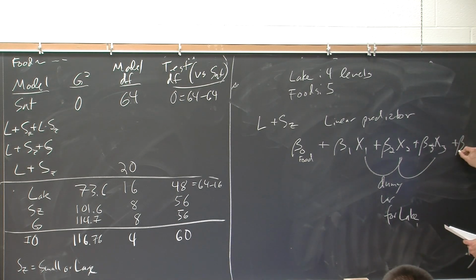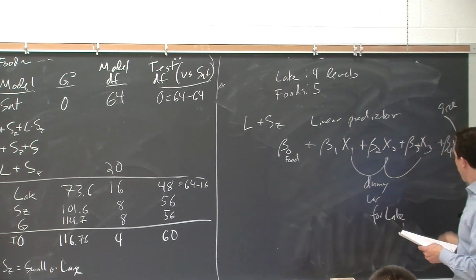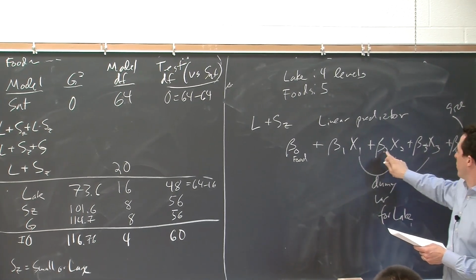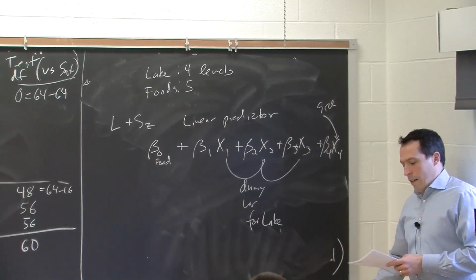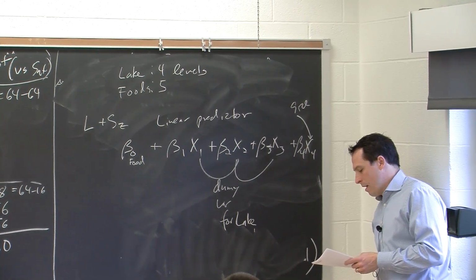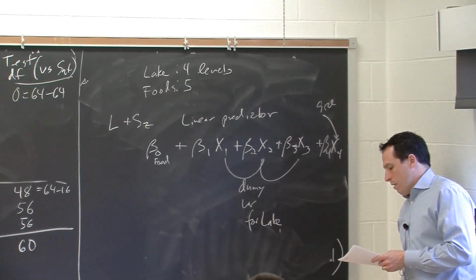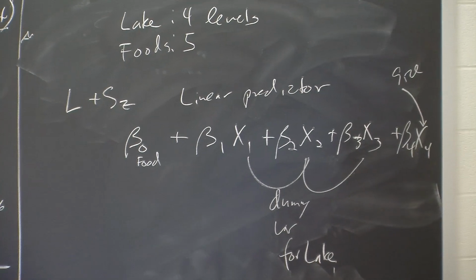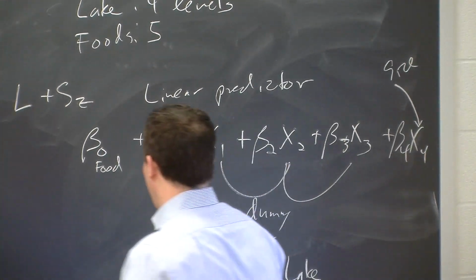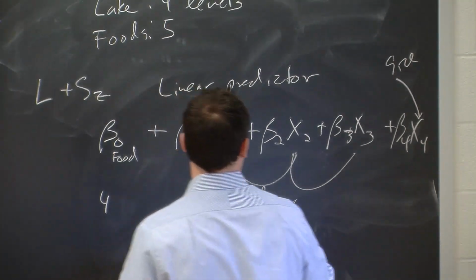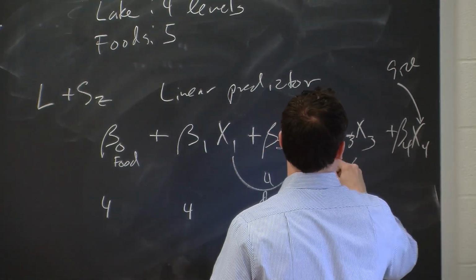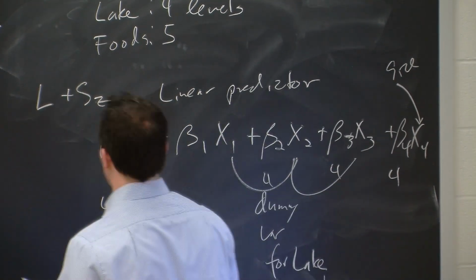And then I have one more for size. So 1, 2, 3, 4, 5. And then I multiply that by 4, yeah. So in other words, I have 4 here, 4 here, 4 here, 4 here, 4 here, 20.